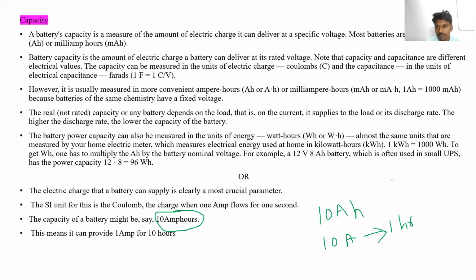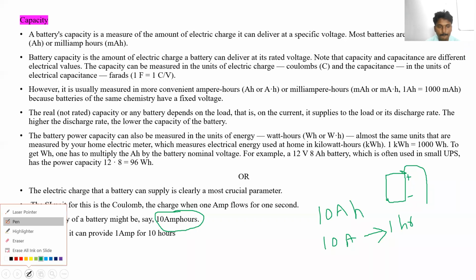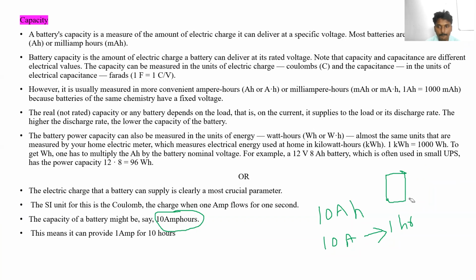So if a load is connected, for example, this is the battery we have, plus and minus, and this is the load, for example R load.